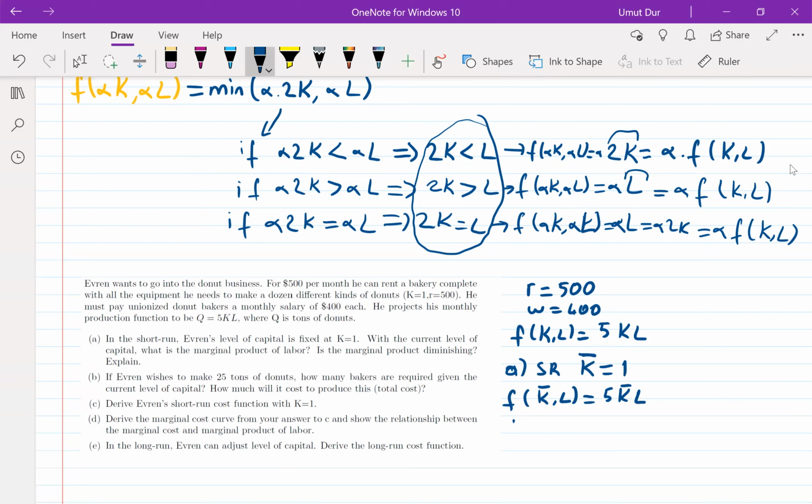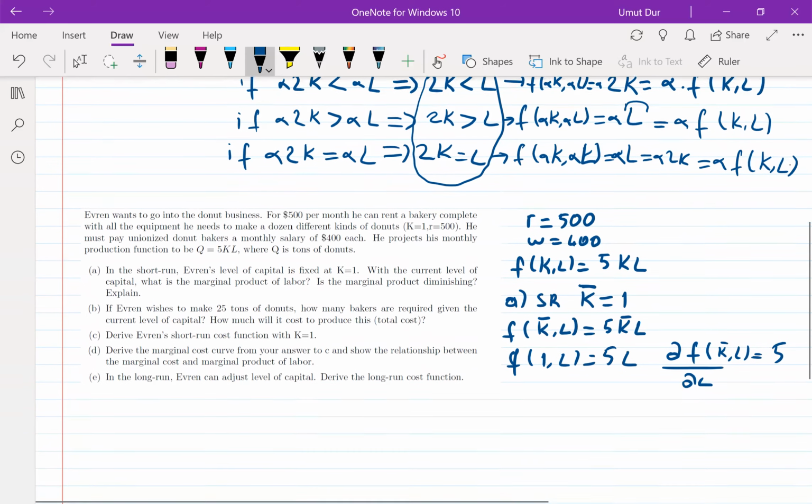Since capital K bar is 1, I will have 5L. And the marginal product of labor is dF(K bar, L)/dL, which will be 5.